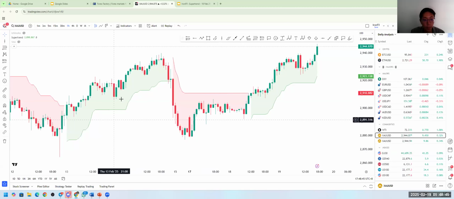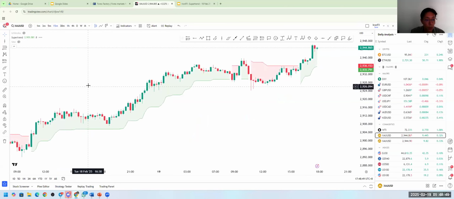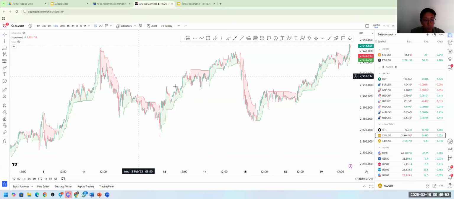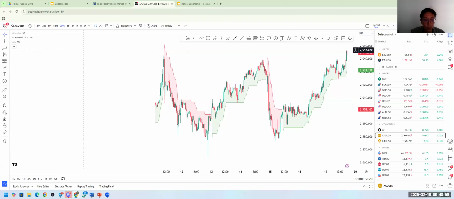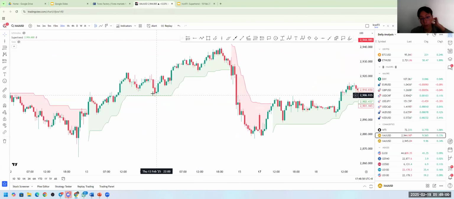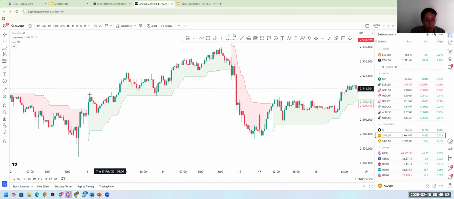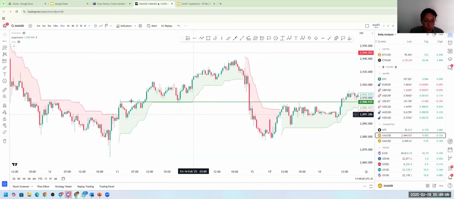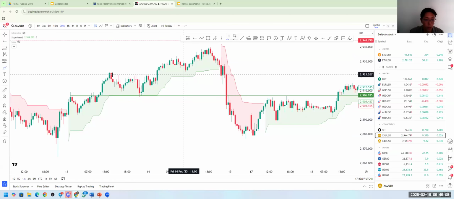Okay, here. It should be here. Okay, this area. See, if you use it correctly, you can use your Supertrend to follow the trend as well.